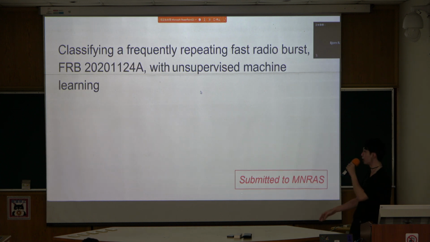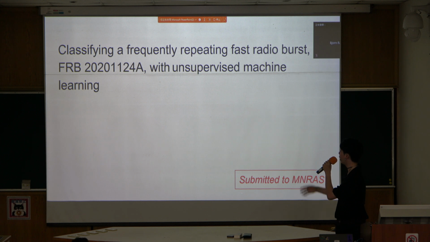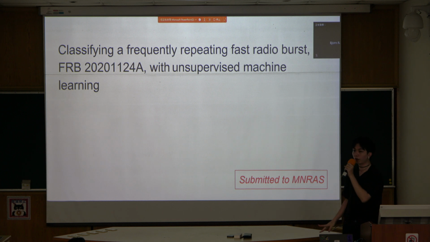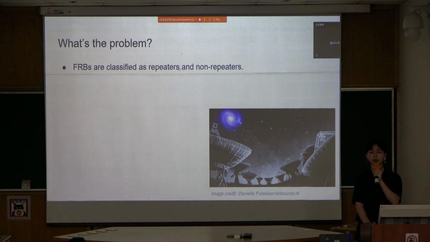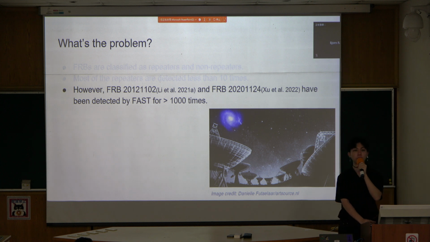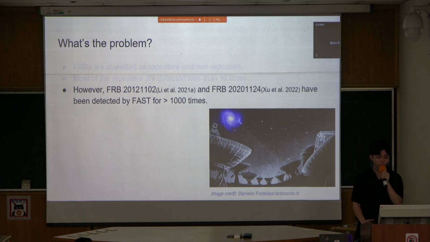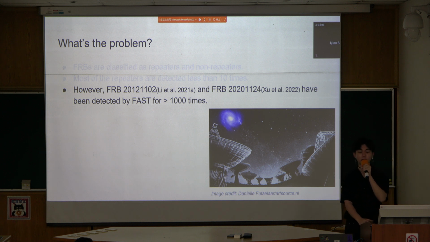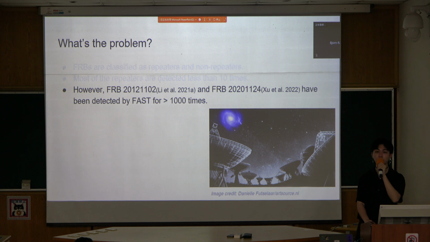Okay, so chapter 2, classifying the frequently repeating fast radio burst FRB 20201124 with unsupervised machine learning. Okay, still, we know FRBs are classified as repeaters and non-repeaters. For repeaters, most of them are not observed to repeat more than 10 times. But there are 2 crazy FRBs, FRB 20121102 and FRB 20201124, that have been detected by the FAST telescope more than 1,000 times.